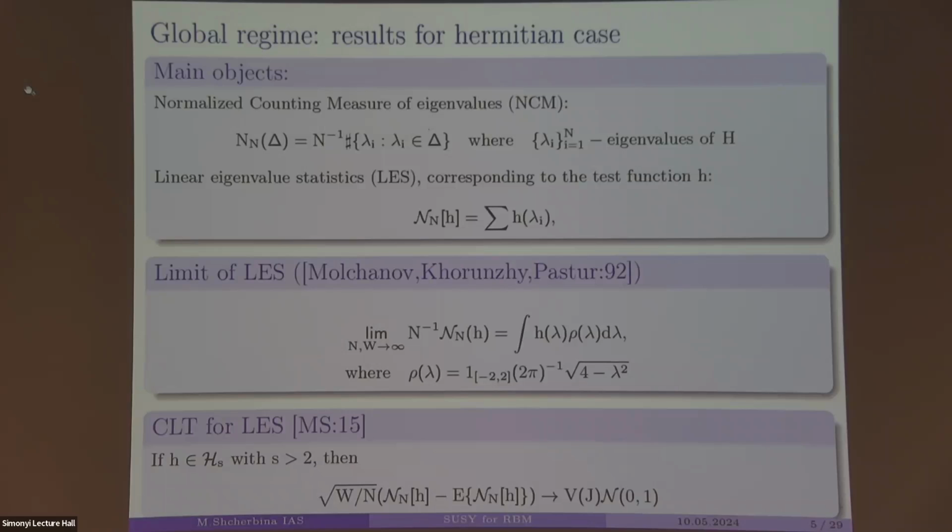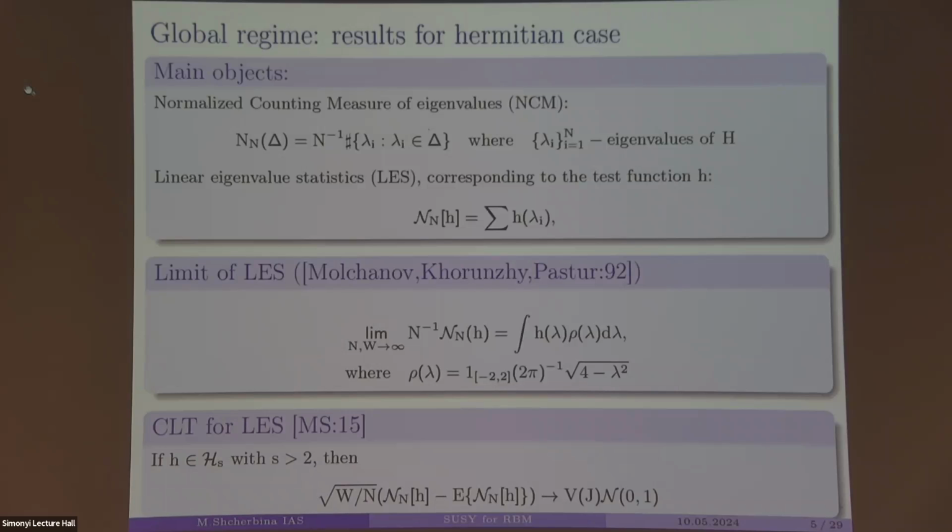And all methods for Hermitian matrices are based on the simple fact that if you consider functions on some bounded interval, then the set of polynomials is dense in, for example, the set of continuous functions.